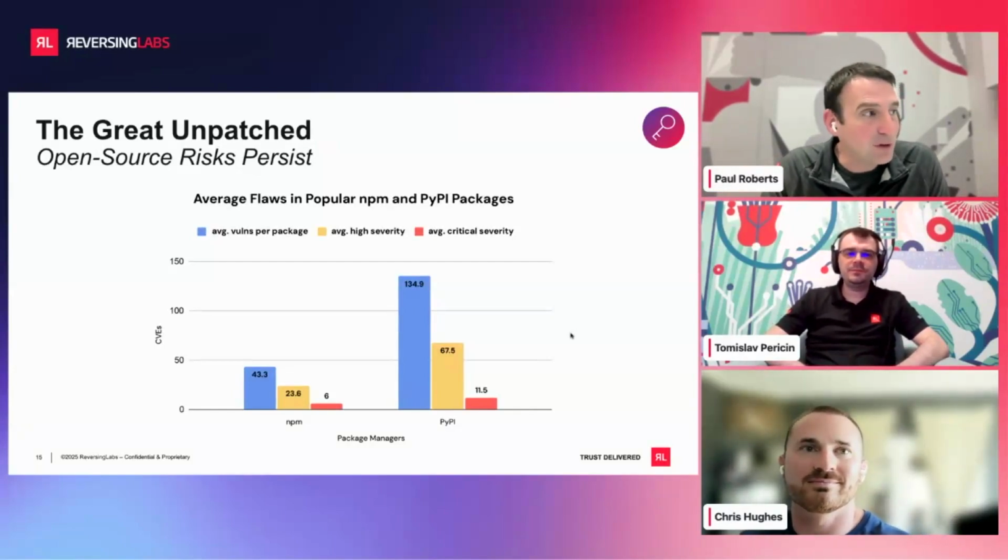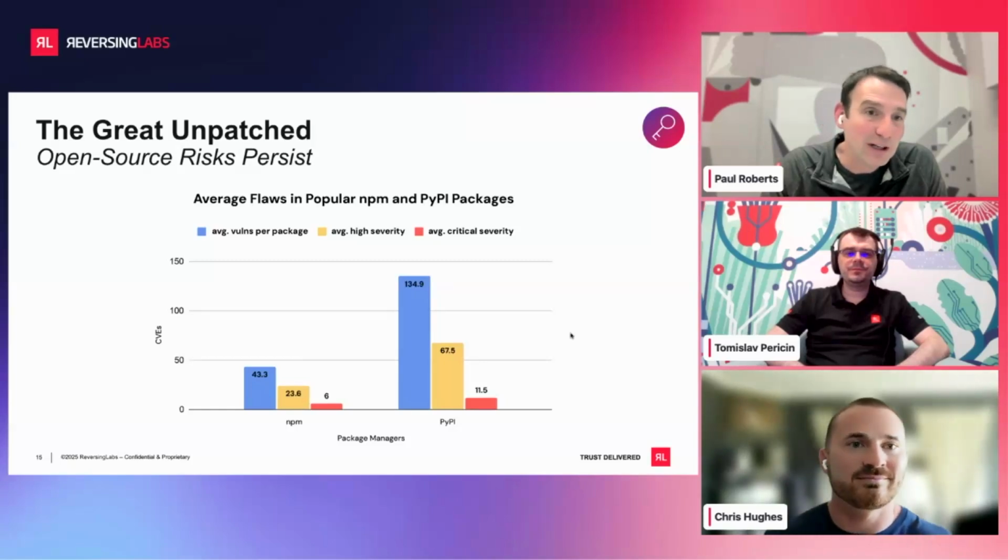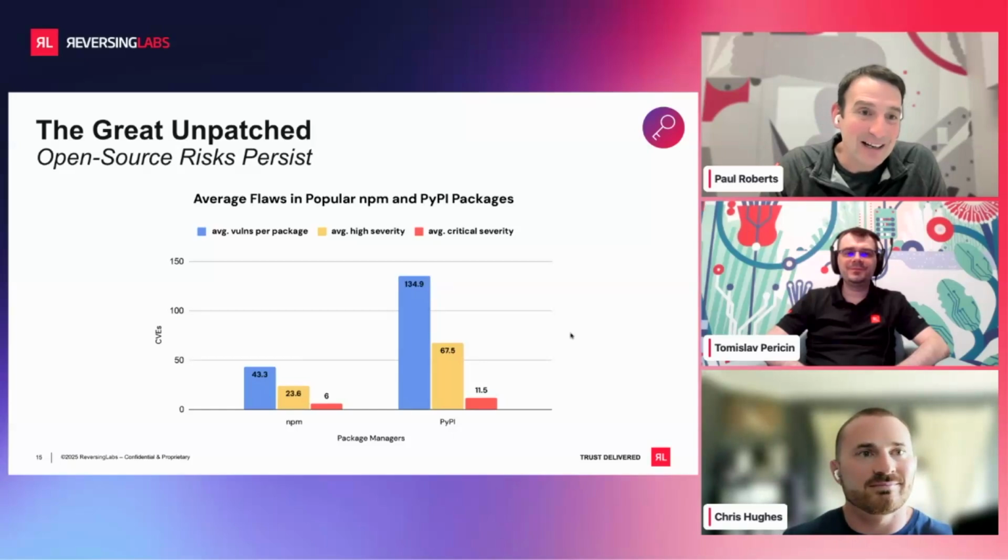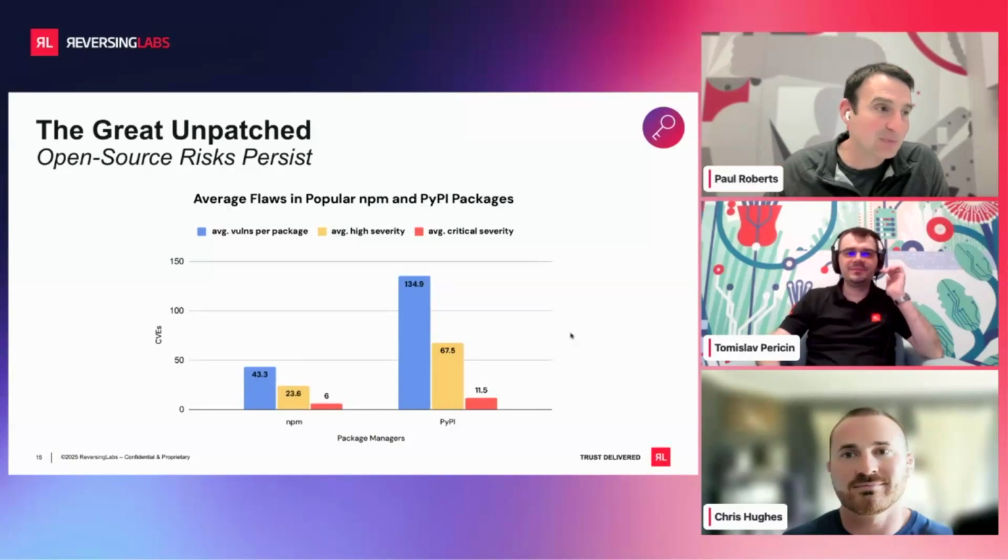And what we found was definitely very concerning: there are a lot of known and in many cases exploitable, and in some cases actively exploited, vulnerabilities lurking out there in widely used open source code. Tomislav, explain to me why this is and what risk it poses for development organizations.